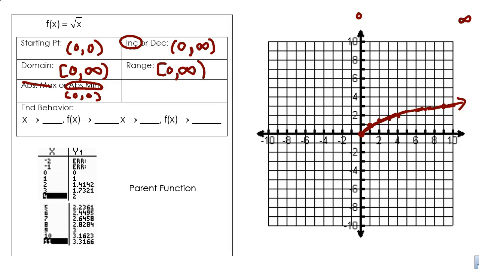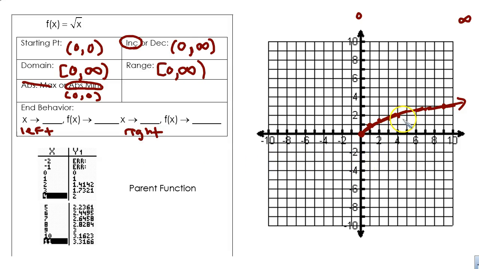With end behavior, this is going to be a little different than the functions we've looked at up to this point. We're going to start filling this in ourselves, so a little bit more of it than we have in the past. Let's start with the left side, and then we'll plug in the right side.